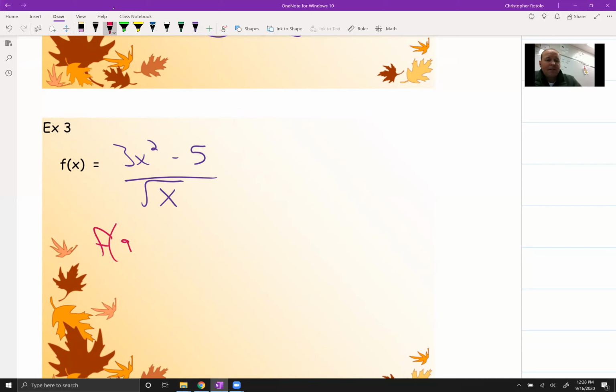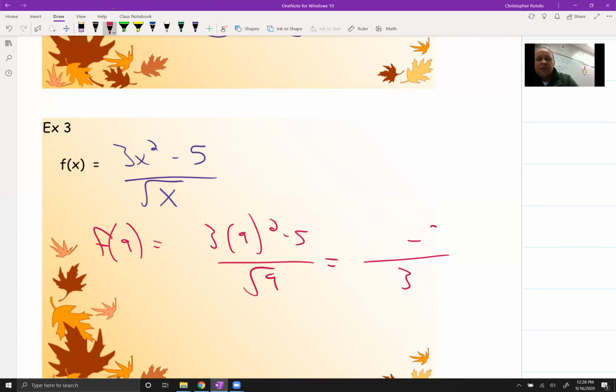So I'm going to go with 9. Okay, so 9 squared minus 5 over the square root of 9. So the denominator is plain old 3, right? So I'm going to have minus 5. But here, do I do 3 times 9 and then square it, or 9 squared times 3? 9 squared times 3.